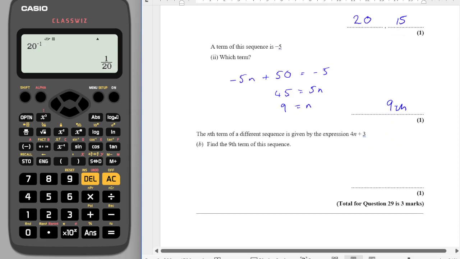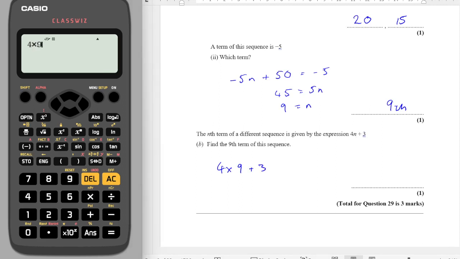And then final part, the nth term of a different sequence is given by the expression 4n plus 3. Find the 9th term of this sequence. So I'm doing 4 times by n, which is 9, plus 3. So 4 times by 9 plus 3 gives me 39.